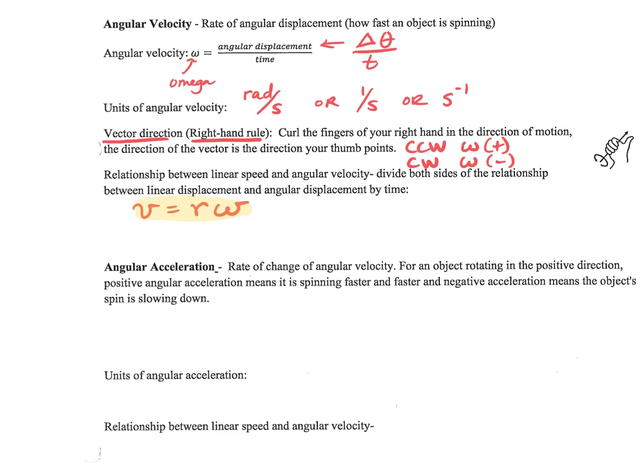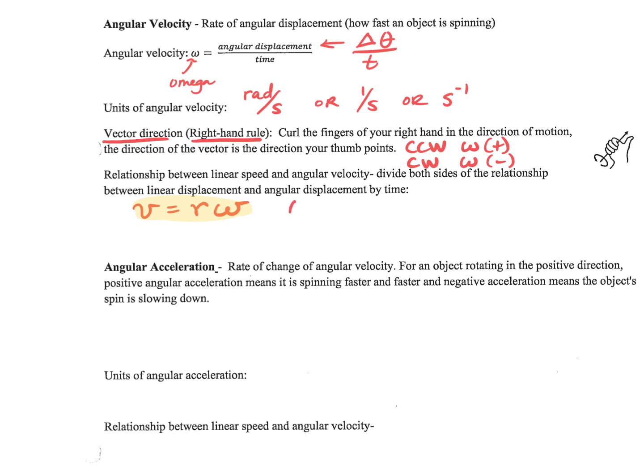V is equal to R omega. Think there's a pattern there? Yes, there is. Linear displacement over time versus angular displacement over time, R omega. That's an important one to know.